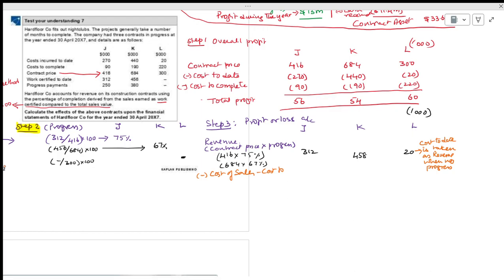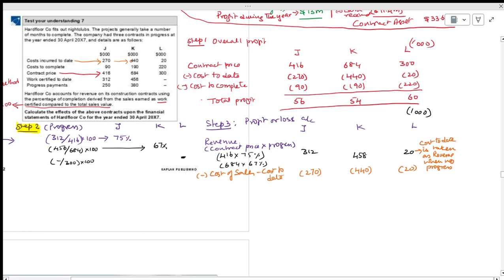How much is the cost to date? 20. See, there is no progress, there is no profit.